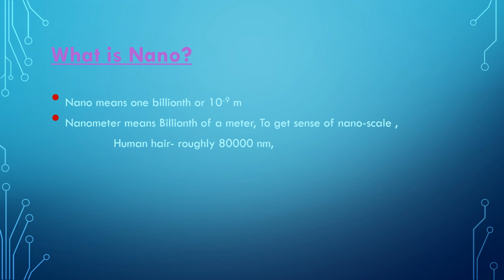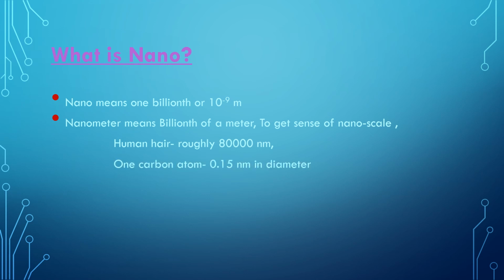For example, a human hair has a thickness of roughly up to 80,000 nanometer. So one human hair has a thickness of 80,000 nanometer. So we are getting the idea. This hair is very thin, still, in nanoscale it is 80,000 nanometer.